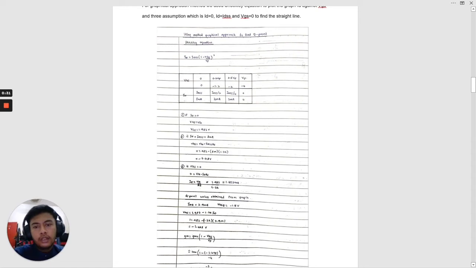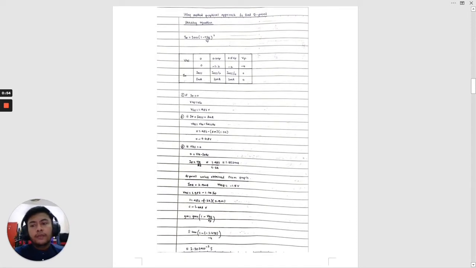For VGS, we use VP to calculate the value. So 0 VP is 0, 0.3 VP is negative 1.2, 0.5 VP is negative 2, and VP is equal to negative 4. For ID, IDSS is 8 milliampere, IDSS over 2 is 4 milliampere, IDSS over 4 is 2 milliampere, and 0 is equal to 0.